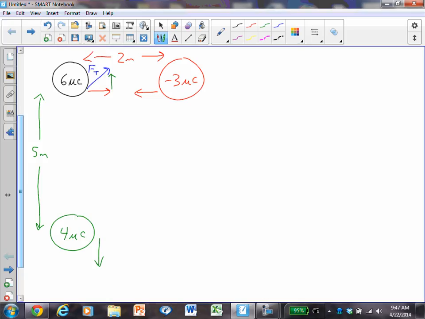Now the first step says find the magnitude of the force between the 4 and the 6. Well, that's just Fe equals k Q1 Q2 over r squared. What was our k?